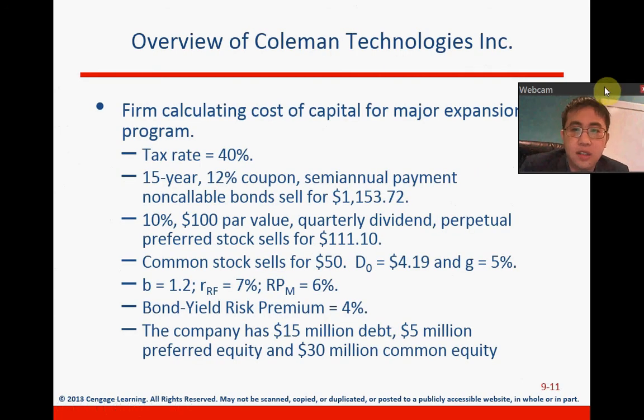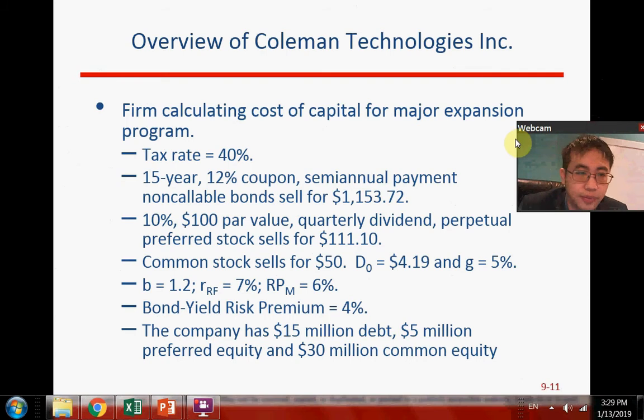All right, here is an exercise for you, and it basically asks you to solve for the cost of capital for each component. You have information about common stock, information about a corporate bond, and information about a preferred stock.